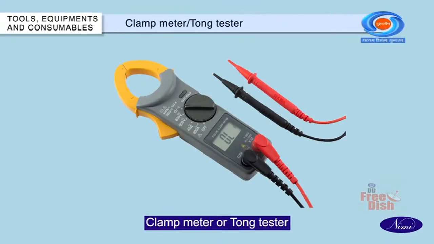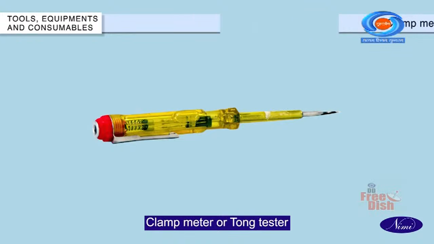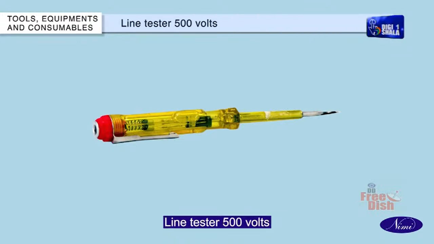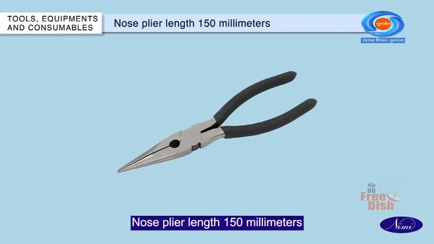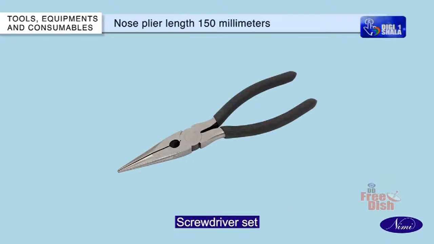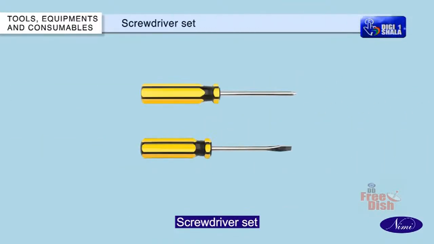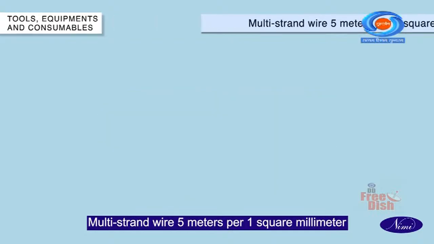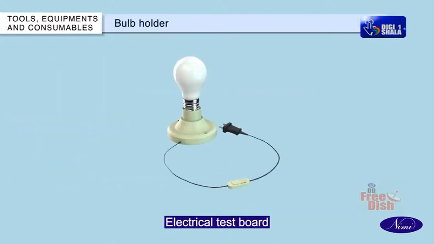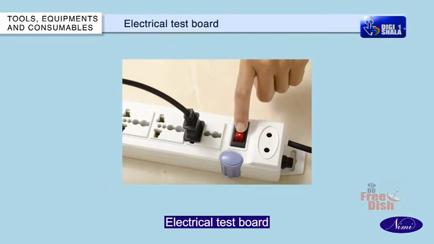Clamp meter or tong tester. Line tester 500 volts. Cutting plier length 200 millimeters. Nose plier length 150 millimeters. Screwdriver set. Multi-strand wire 5 meters per 1 square millimeter. Bulb holder. Electrical test board.